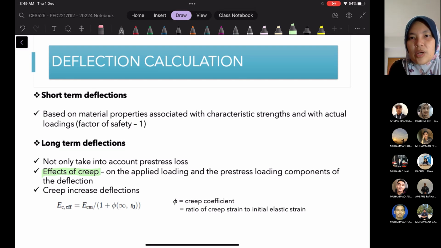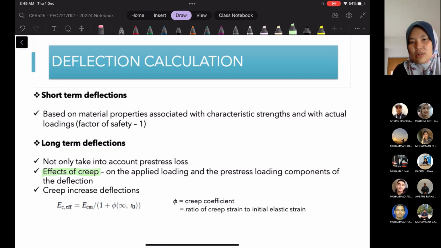Okay, whereas when we have our structure that is subjected to loadings for a long term, right? So dia tempoh masa dia panjang. Jadi we are talking about creep, we are talking about concrete, right? Okay, so concrete will be subjected to creep as time goes by, right? So maksudnya loading tu sentiasa ada kat situ, loading dia sama, tapi the loading is sustained at the same location for a long time, right?